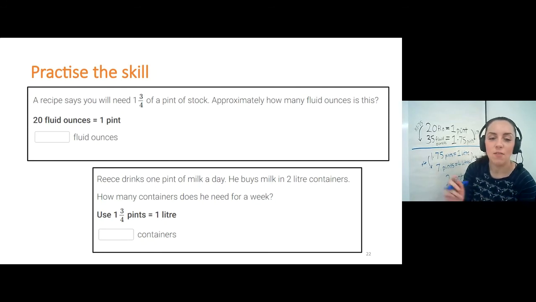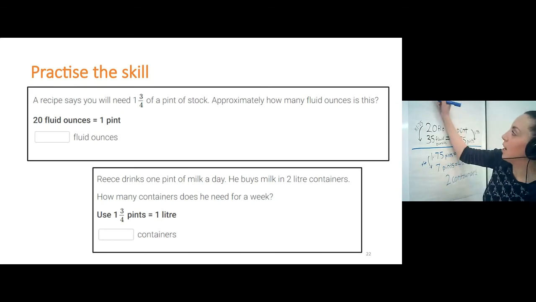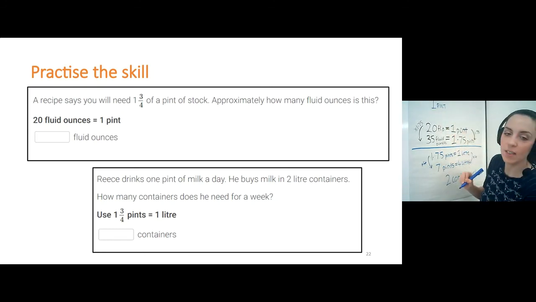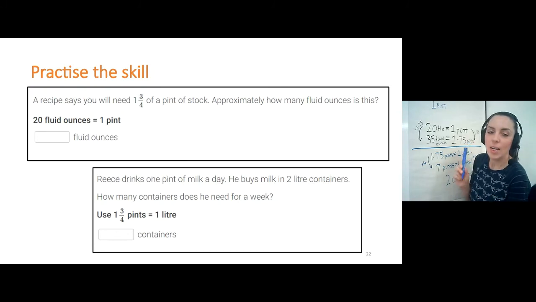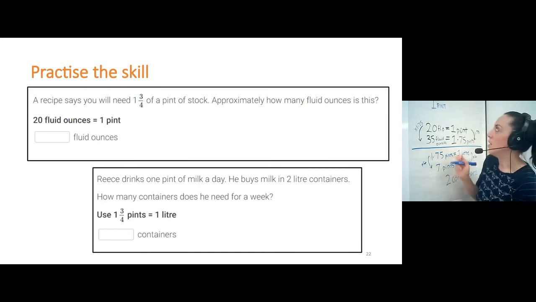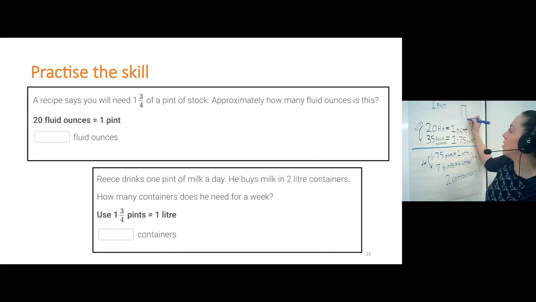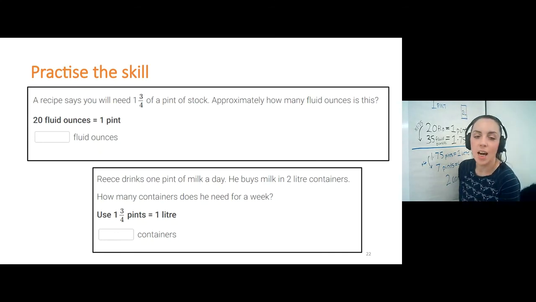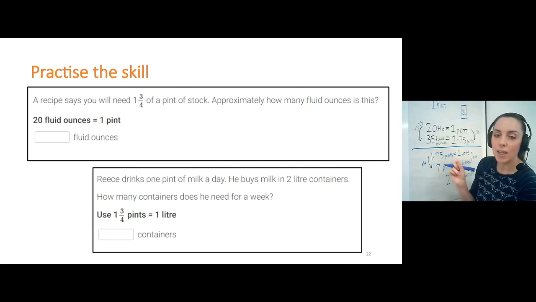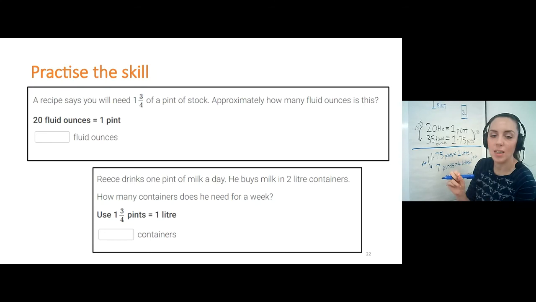So if Reese drinks 1 pint of milk a day, he buys milk in 2-litre containers. So each of these containers is 2 litres. How many containers does he need for a week? Okay, our scale is 1 3/4 pints is equal to 1 litre. So we need to know how many pints he drinks in the week.